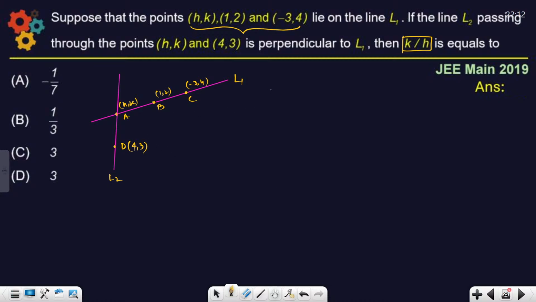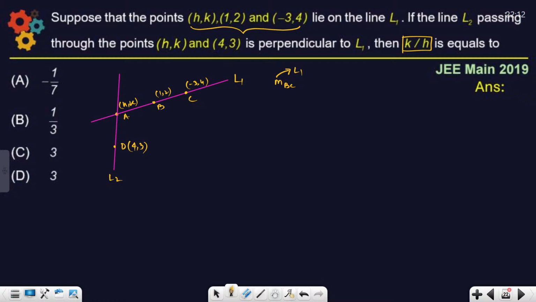So now let us say, what is the slope of BC? What is the slope of the line BC? I mean, this is actually the slope of L1, because for finding out the slope, whether you choose BC or AC or AB doesn't matter. These are all the same.